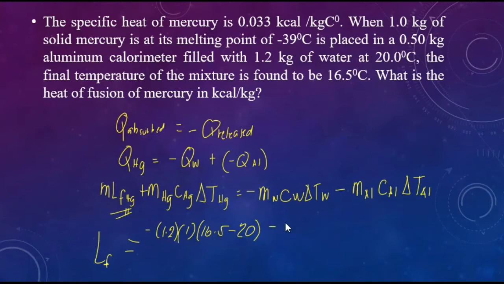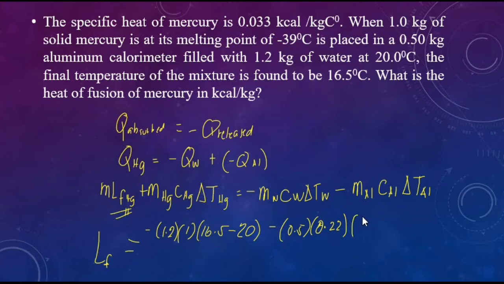Then you have minus, mass of the aluminum is 0.5. The c for the aluminum is 0.22 kilocalorie per kilogram Celsius degree.